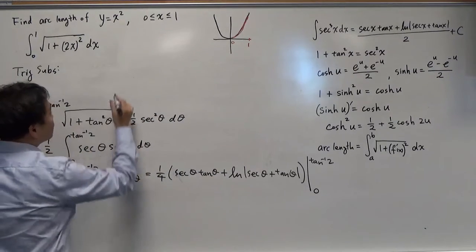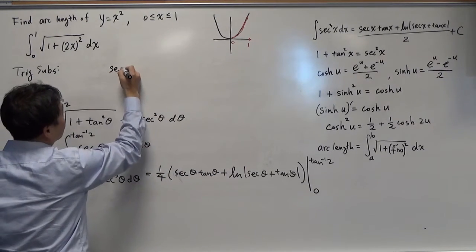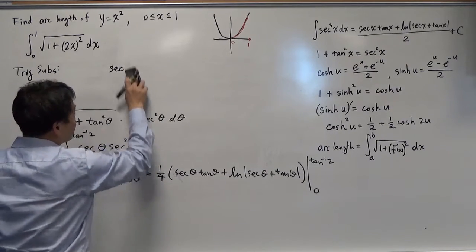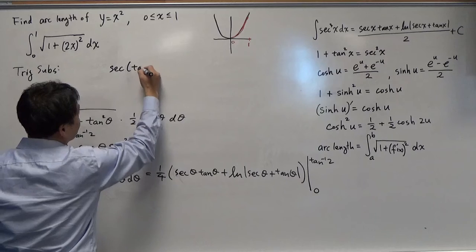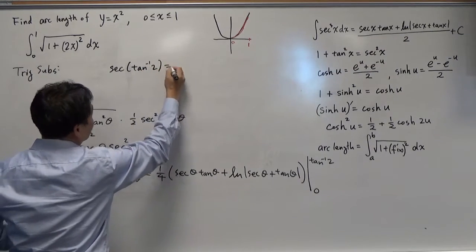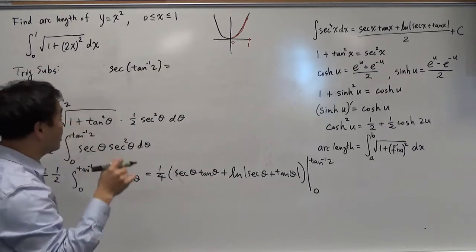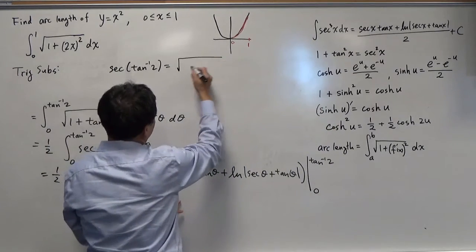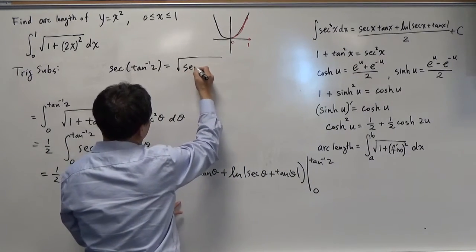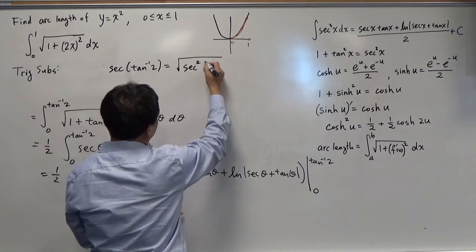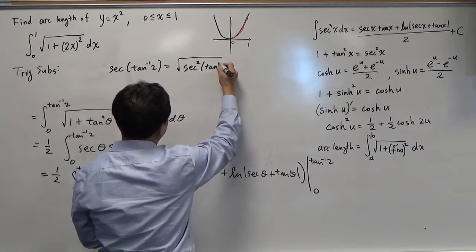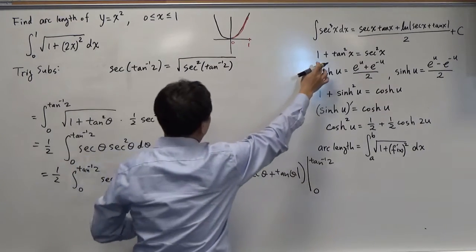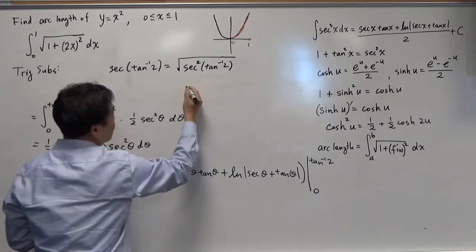What is secant theta, secant of tangent inverse of 2? Well, secant theta is square root of secant squared, and you can rewrite this as 1 plus tangent squared of x.